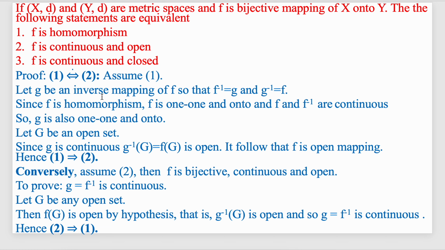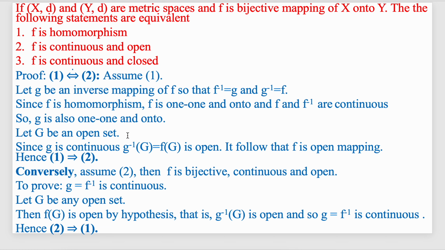So let g be the inverse mapping of f, so we write f inverse equal to g, and g inverse equal to f, because the inverse of f inverse is f only. Since f is a homeomorphism, f is one-one and onto, and f inverse is continuous. So g is also one-one and onto.